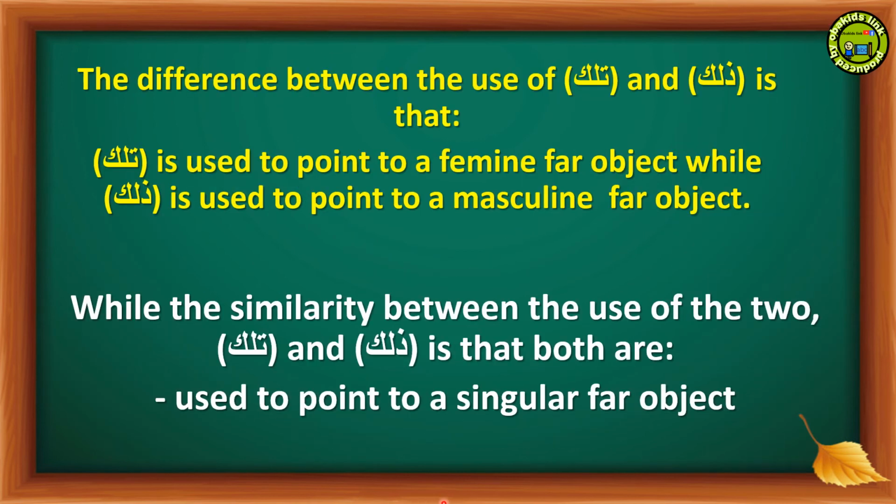The difference between the use of Tilka and Zalika is that Tilka is used to point to a feminine far object, while Zalika is used to point to a masculine far object. But the similarity between the use of the two, Tilka and Zalika, is that both are used to point to a singular far object.